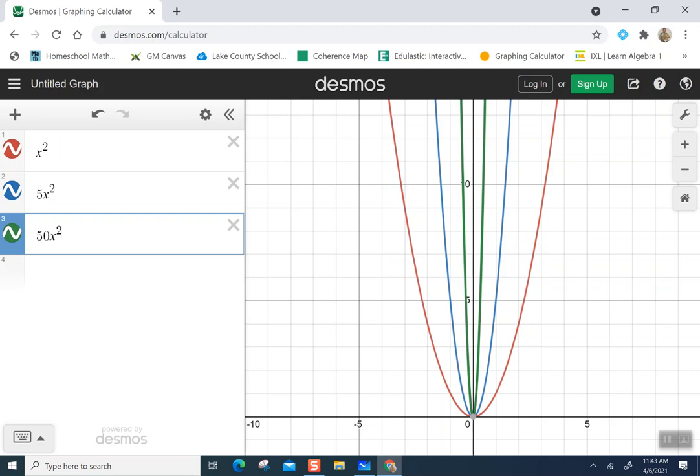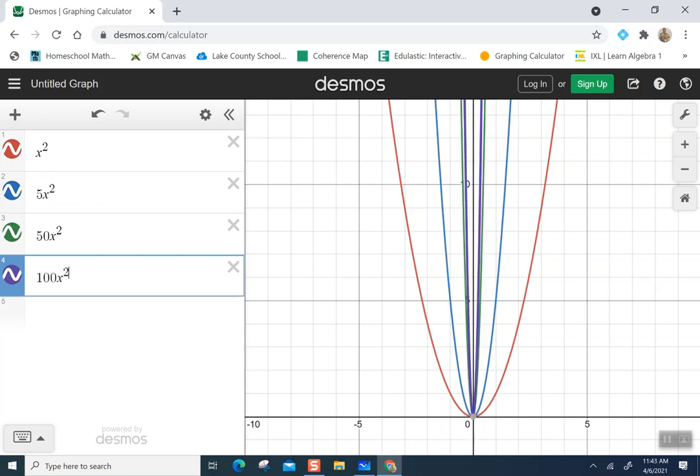Now, I don't know if you're going to be able to see this or not, but let's do 100x squared. And if you look at it, it's even a little bit tighter. Again, that's what we refer to as a vertical stretch. Kind of like when you wake up in the morning and the first thing you want to do is stretch your arms out and give a good yawn. That would be a vertical stretch.